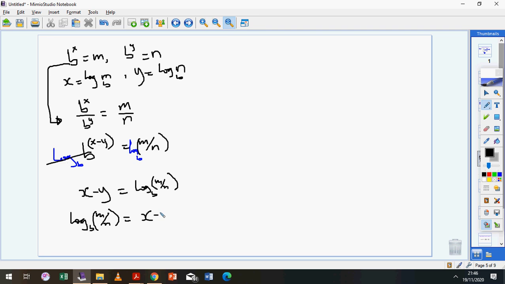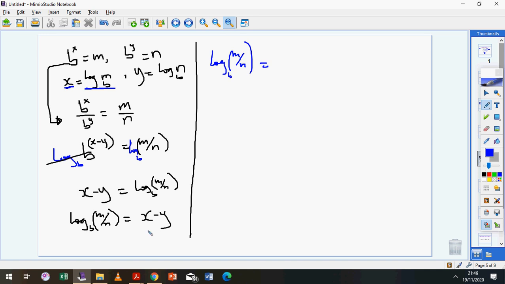Again, remember that x is the same as logarithm of m to the base b, right? So I have log of m over n base b is equal to x minus y.